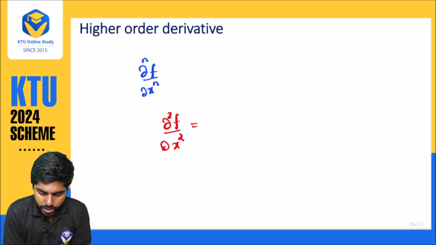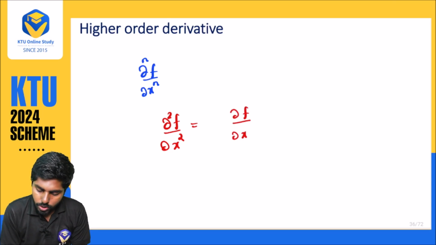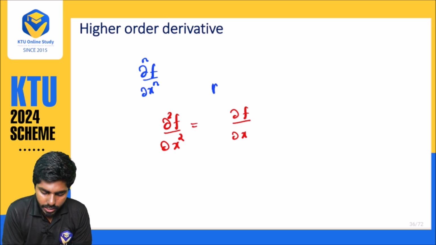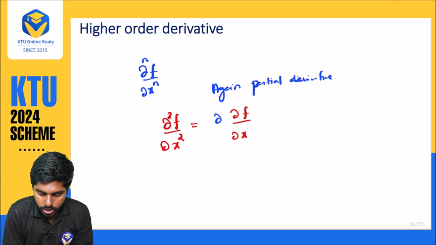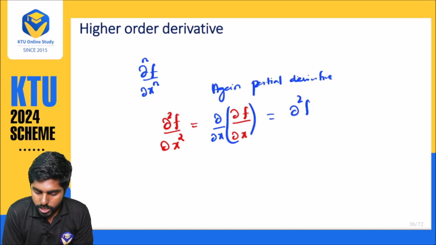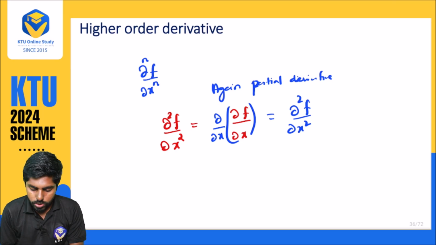This is nothing but ∂f/∂x, and when we differentiate again with partial differentiation, we get ∂²f/∂x².